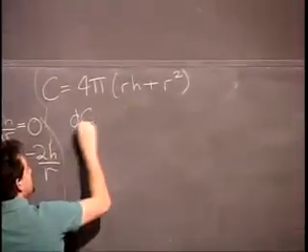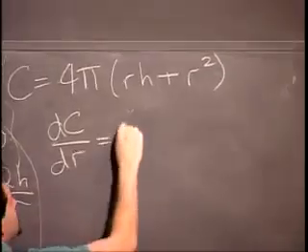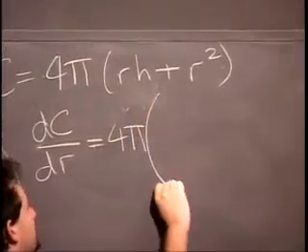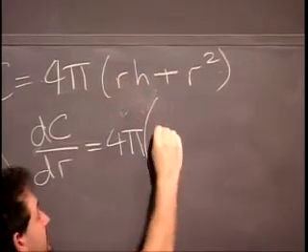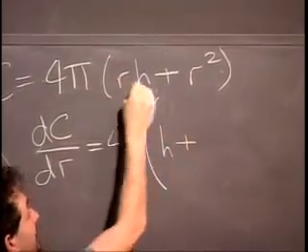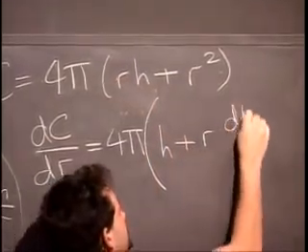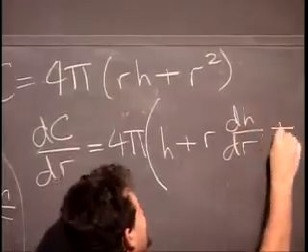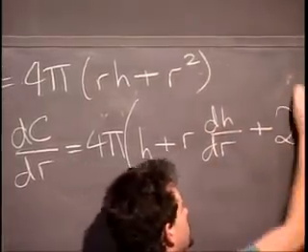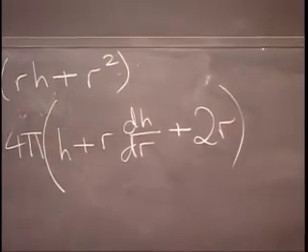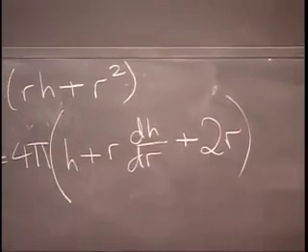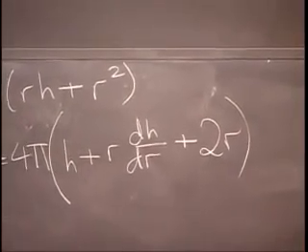Now, what if we come over to the cost here? dC/dr is 4 pi, and we have to differentiate this implicitly. Again, it's h dr/dr, which is just h, plus r dh/dr. And then this other term, the derivative is just 2r. Now, instead of eliminating h from the original equations, we differentiated instead.